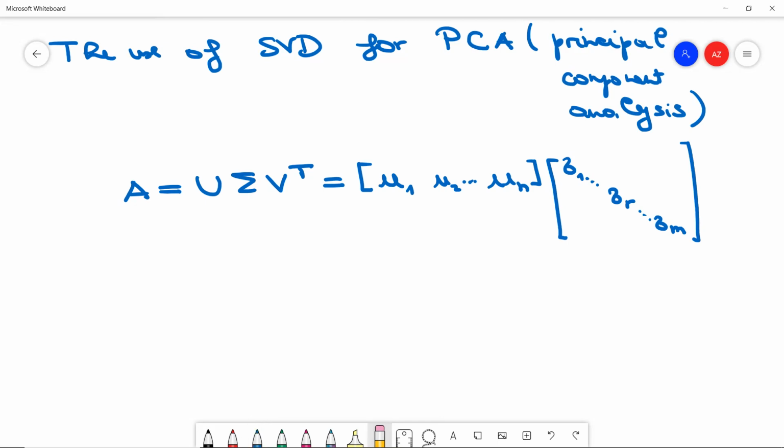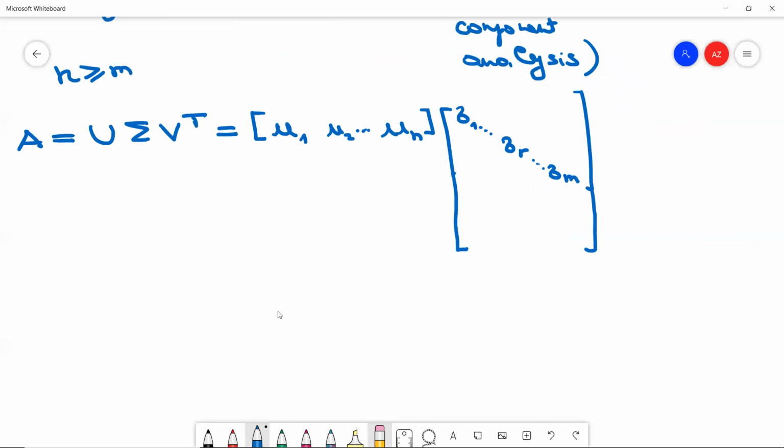Here I assume that n is bigger than m. And then we have V1 transpose, and then V2 transpose up to Vm transpose. We can write this in this way.